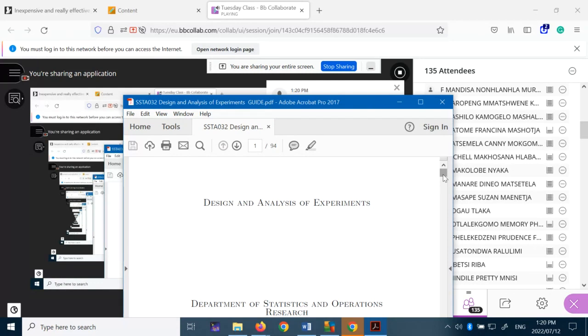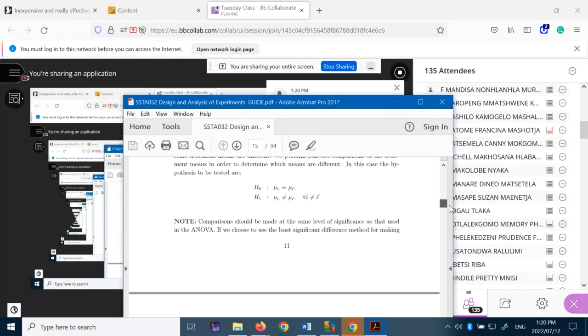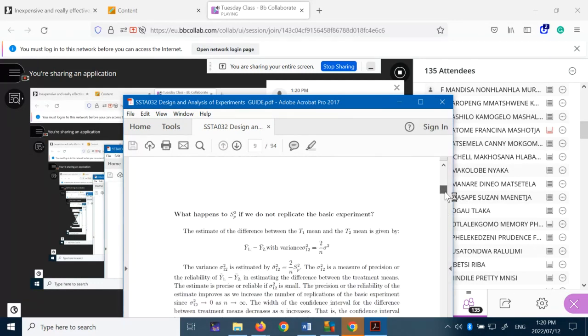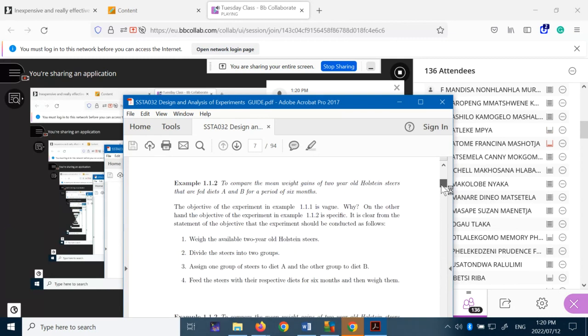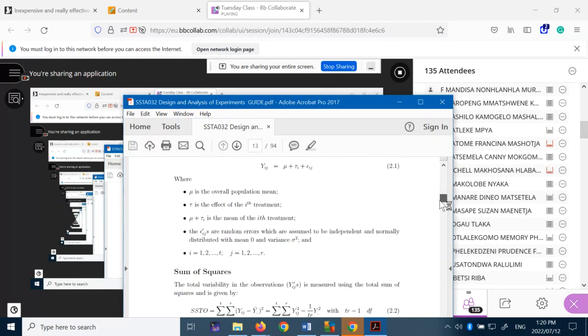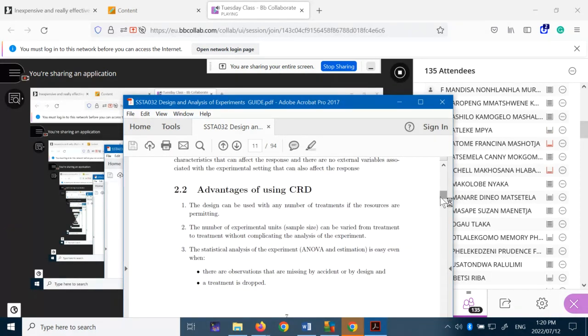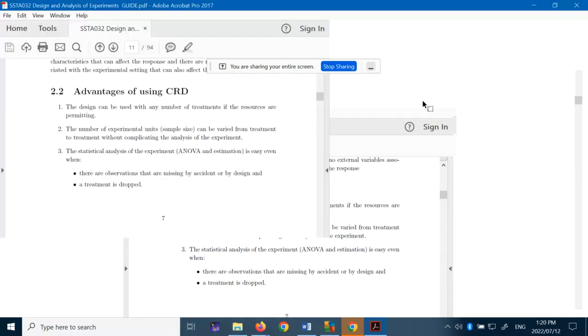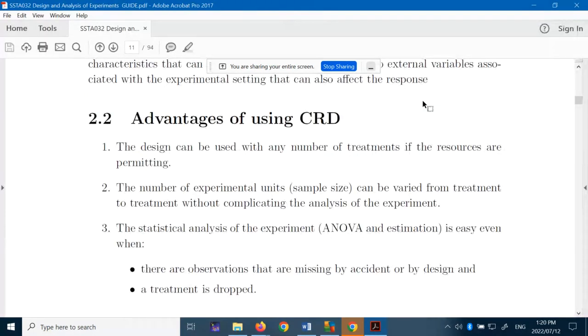Can we see the study guide now? Yes. Okay. So you must also visit this study guide. It's very, very important. So let's check the disadvantages and the advantages. Let's go with the first one. The design can be used with any number of treatments if the resources are permitting.